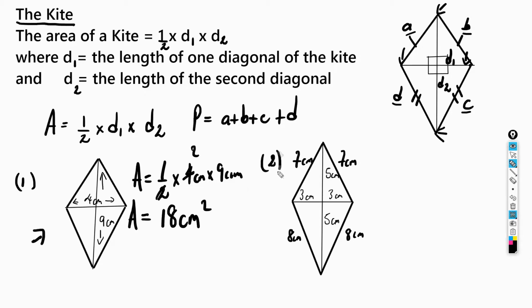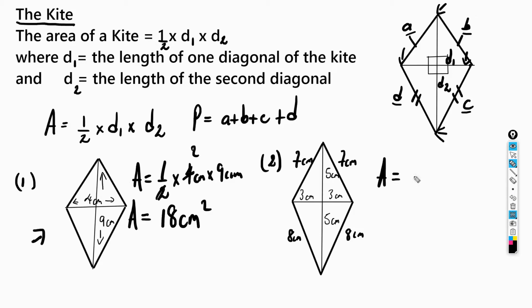All right, so let's look at number 2 now. We see here that for this kite, half of the horizontal diagonal is 3 centimeters, and the other half is 3 centimeters. Half of the vertical diagonal is 5 centimeters and the other half is 5 centimeters. So let's find the area for that.